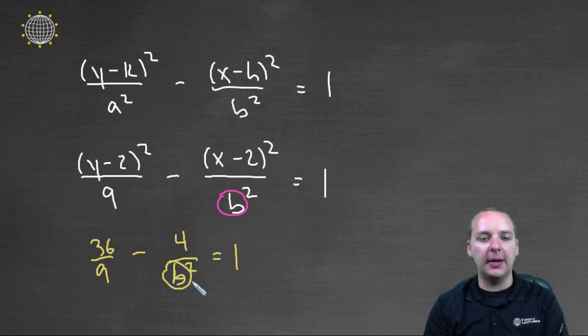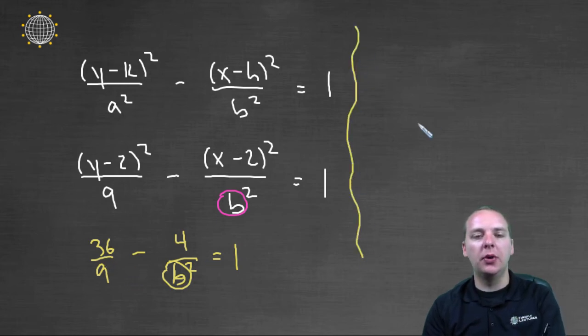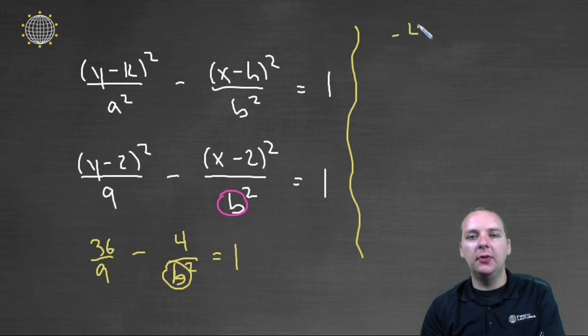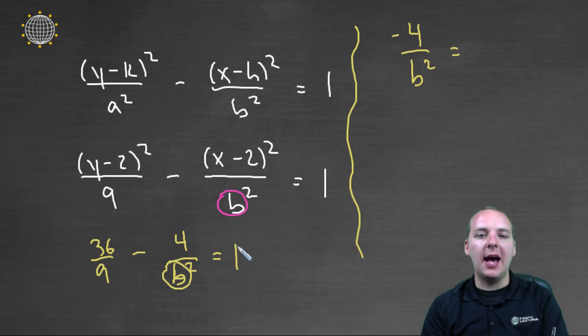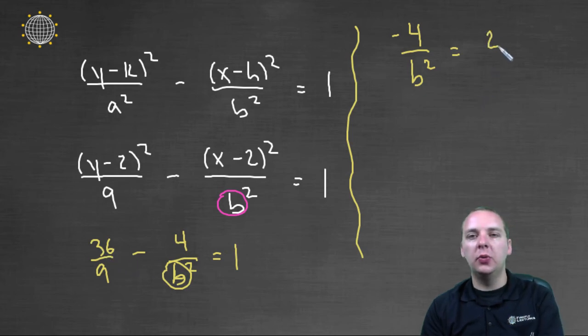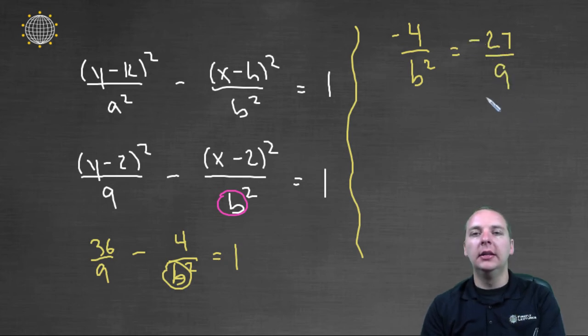So let's subtract 36 over 9 from both sides. I'll do this up here in the corner. So we get negative 4 over b² equals 9 over 9, that's 1. 9 over 9 minus 36 over 9 will leave us with 27 over 9. Actually negative, sorry about that, negative.